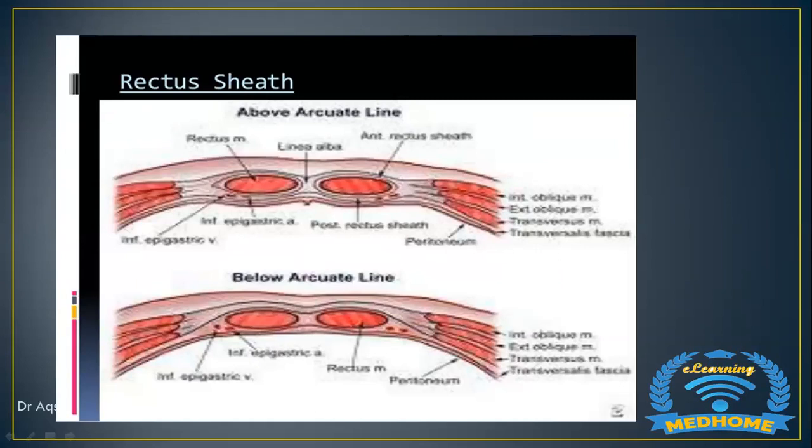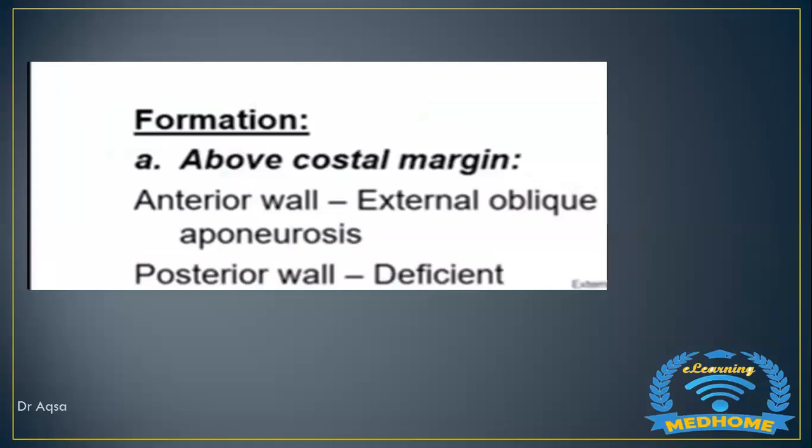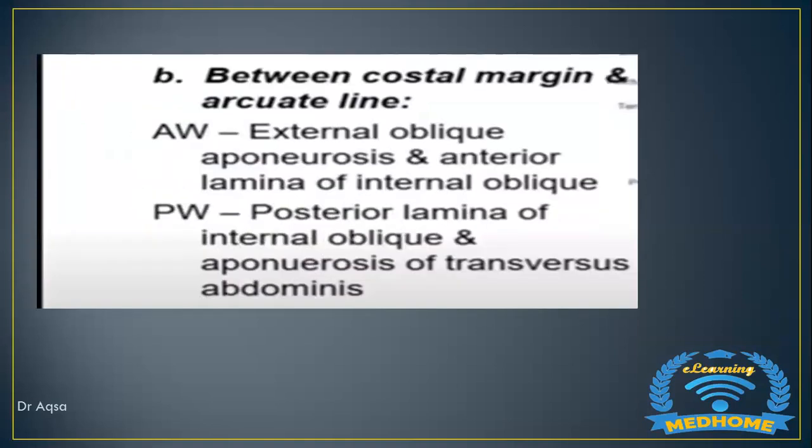Ma'am, above the costal margin, the anterior wall is the aponeurosis of the external oblique muscle, while the posterior wall is deficient. Okay, and then between the costal margin and the arcuate line, we have both the anterior wall and the posterior wall. The anterior wall is the aponeurosis of the external oblique and the internal oblique, and the posterior wall is the aponeurosis of the transversus abdominis and the posterior lamina of the internal oblique.